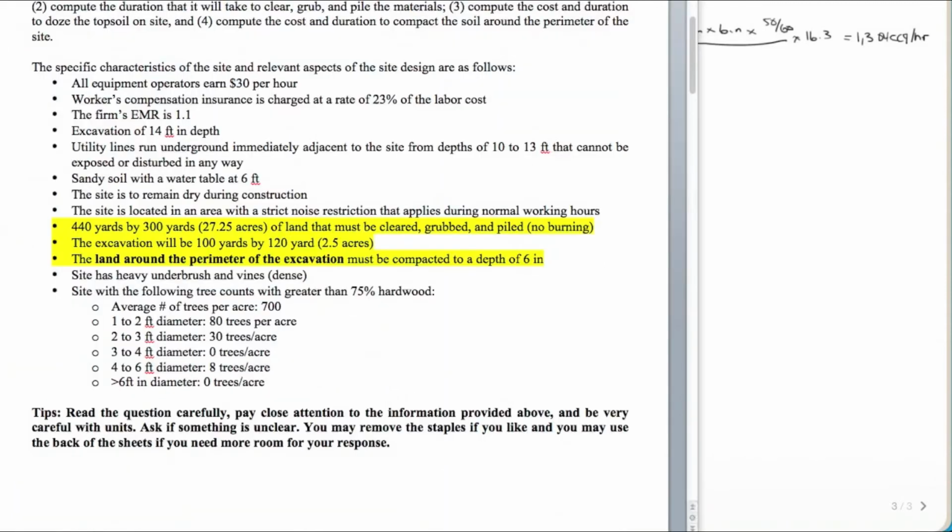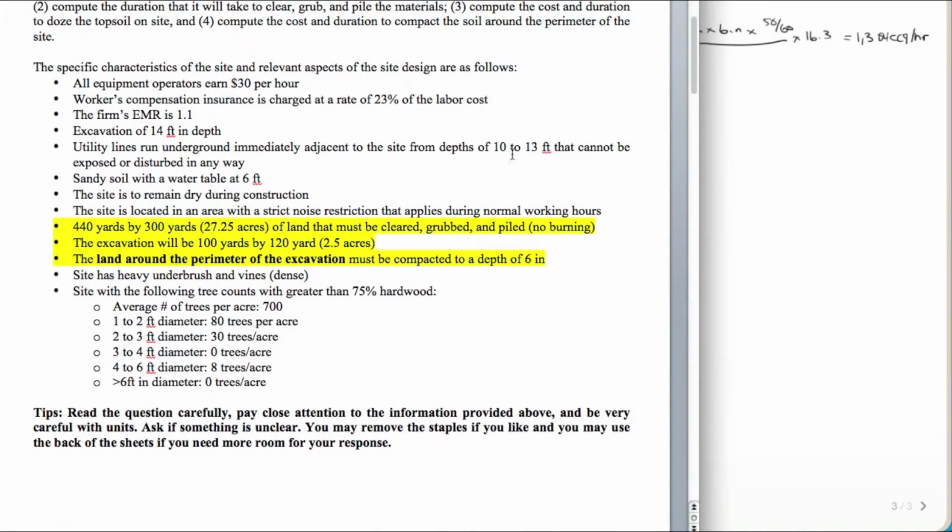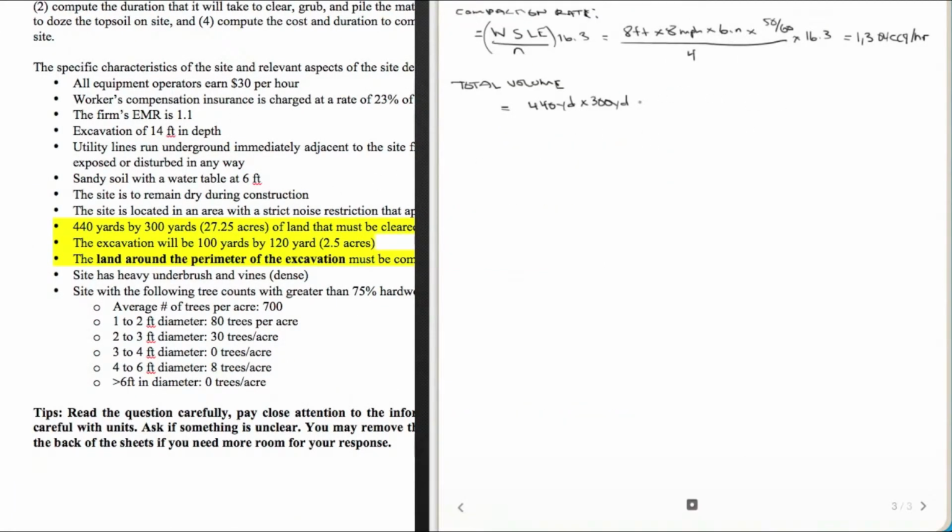And remember, this comes from here, 440 by 300 is the entire site. So we're going to take that, we're going to subtract the 100 yard by 120 yard.